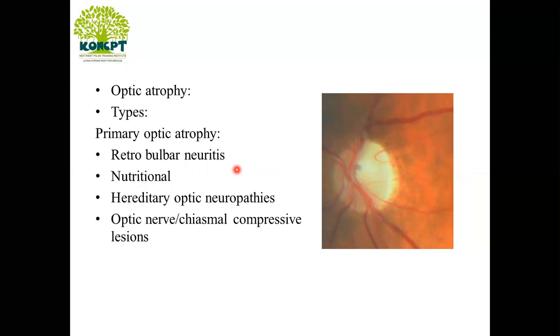The disc pallor is commonly temporal, followed by involvement of the complete disc. In some patients with optic chiasmal compression, there can be band-shaped optic atrophy, with a wedge of pallor on the nasal side and a wedge of pallor on the temporal side, giving the appearance of a band. So this is about primary optic atrophy.